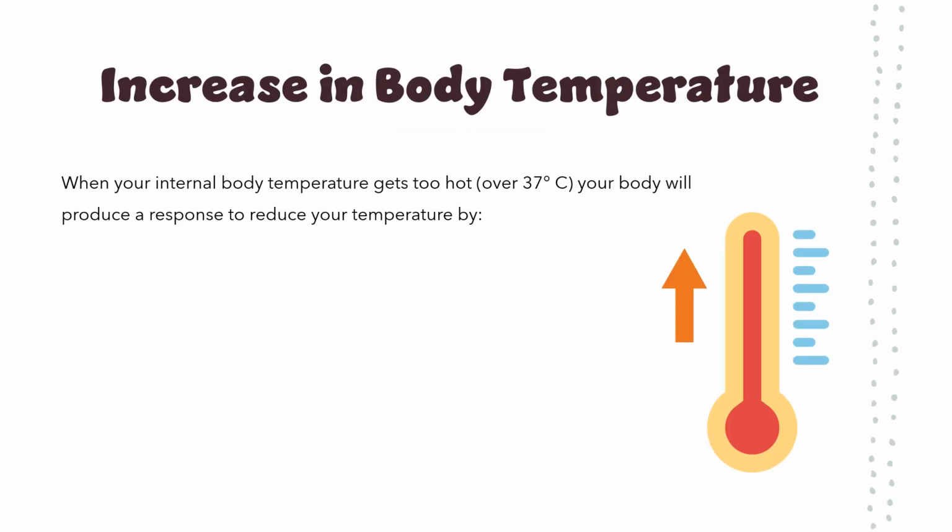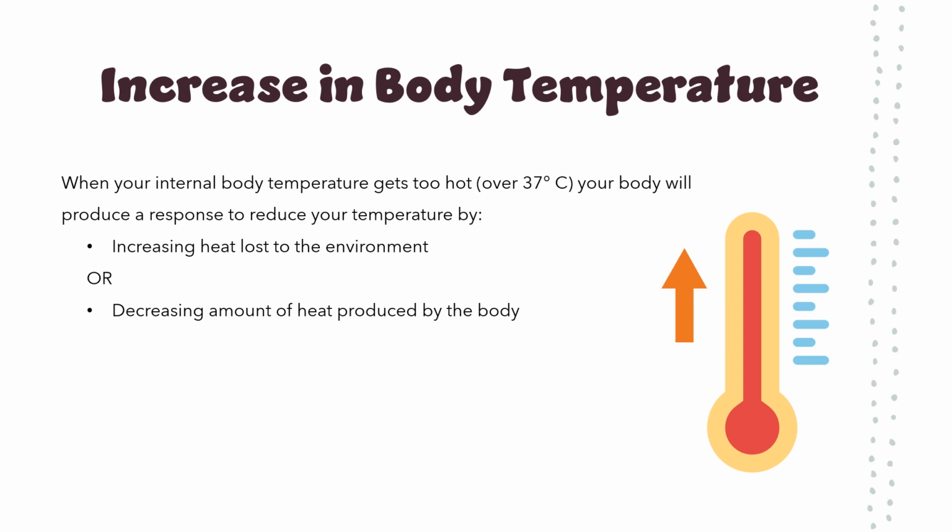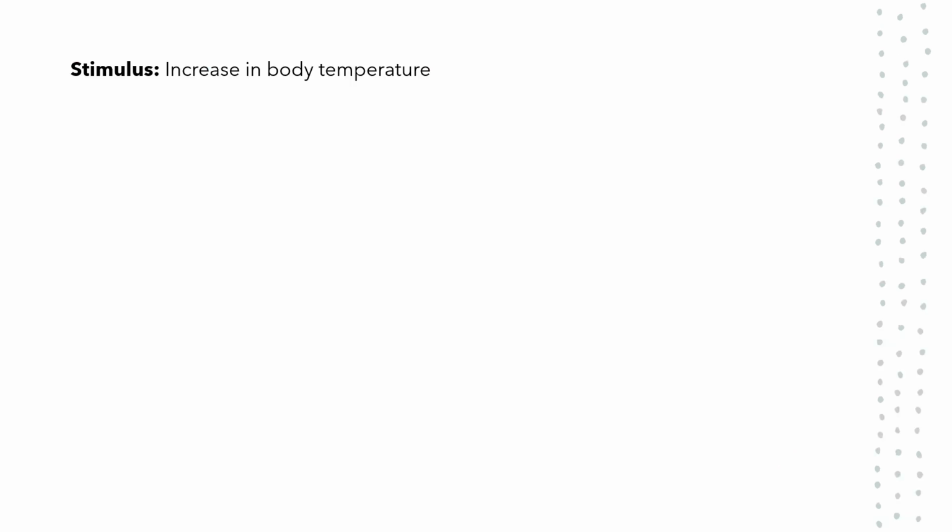So when your body increases in temperature, so when your temperature gets too high, so over 37 degrees Celsius, your body will produce a response to reduce your temperature in two ways. It will increase heat lost to the environment, so the amount of heat you're releasing from your body, or it can decrease the amount of heat being produced by your body. So let's look at this using the stimulus response model. We have our stimulus, the increase in body temperature.